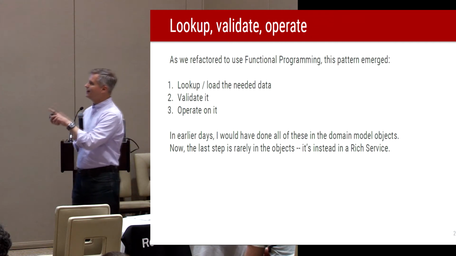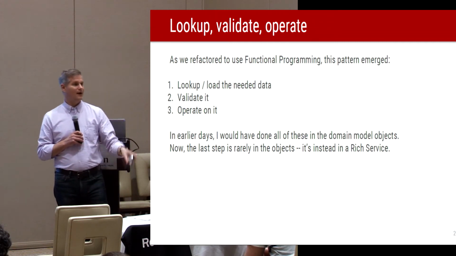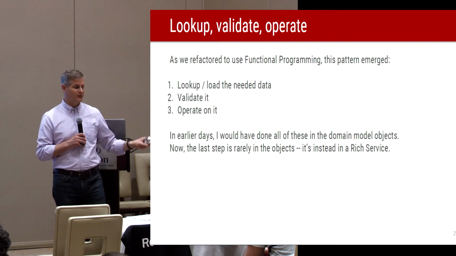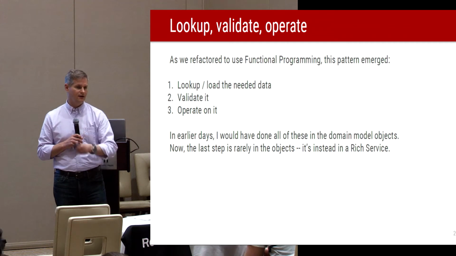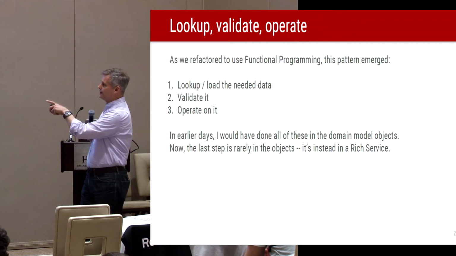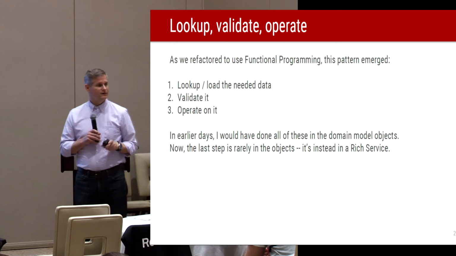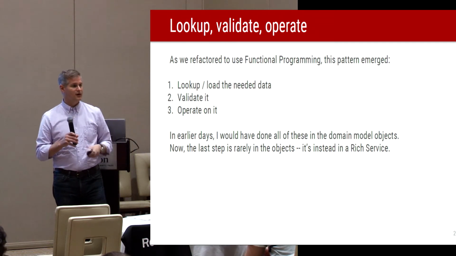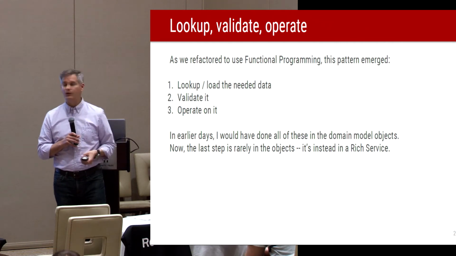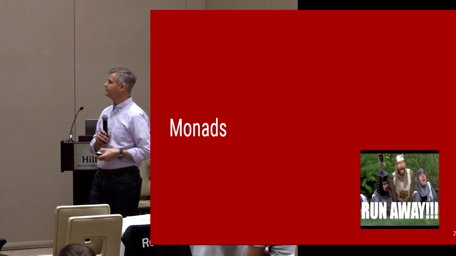In the old days, all three of those things would be happening in my domain model, and that's the kind of advice you'd often see from the domain-driven design community or in Fowler's enterprise application stuff. But the difference here is that last step we were factoring out of the domain model, and that first step was not actually in the domain model either. It was in some sort of gateway pattern objects there.